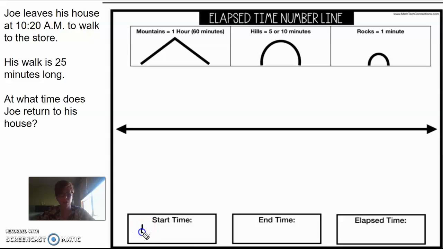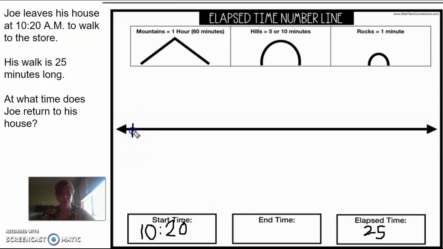Now I want you to write this down on your paper. 10:20. Now, do we know what time he returned? No, we don't. That's our job to figure out. Do we know how long his walk was? Well, yes, we do. His walk was 25 minutes. So we're going to put down 25 minutes.